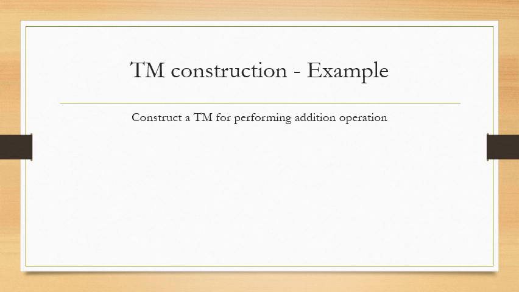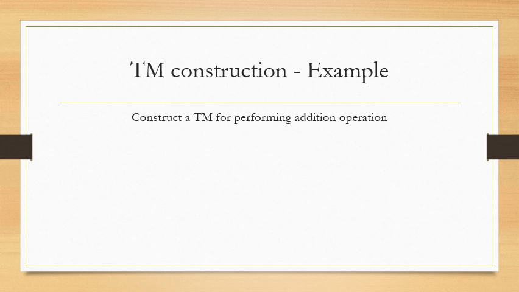You will have these numbers placed on the Turing machine tape. The first number will be placed, then a separator, and for the separator we will use the symbol 1, followed by the second number. So if the numbers are 4 and 5, I will have 4 zeros followed by the separator 1 followed by the 5 zeros.